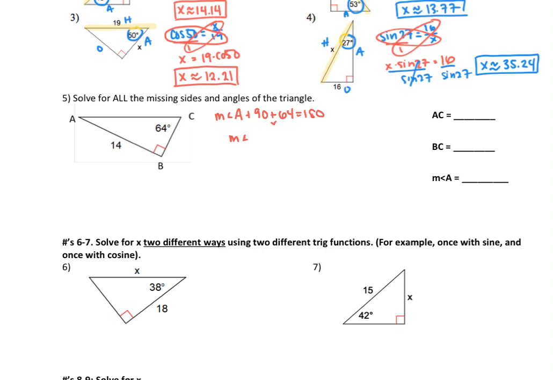So the measure of angle A plus 154 equals 180, and then we subtract 154 from both sides. So the measure of angle A, 180 minus 154, is 26 degrees.